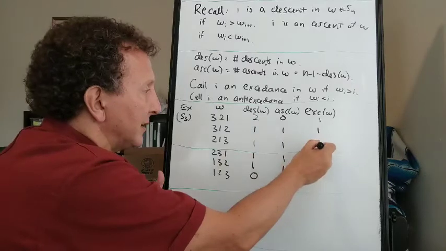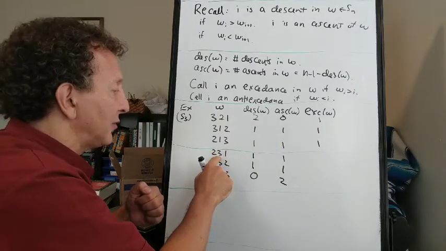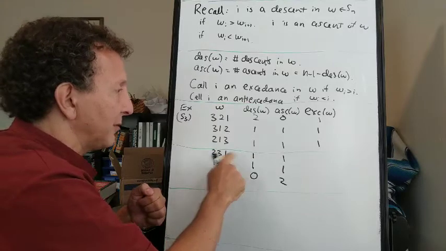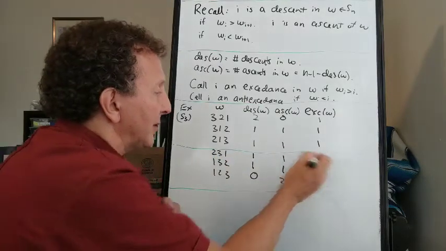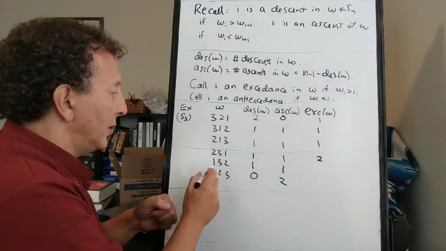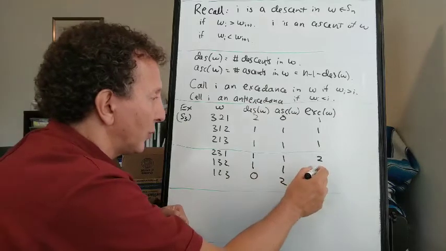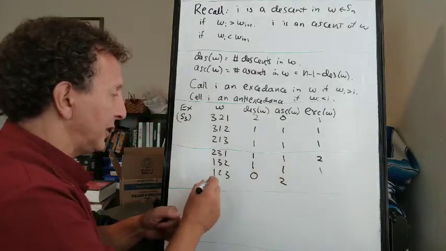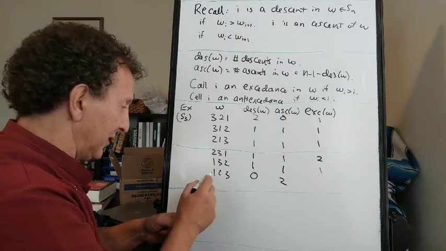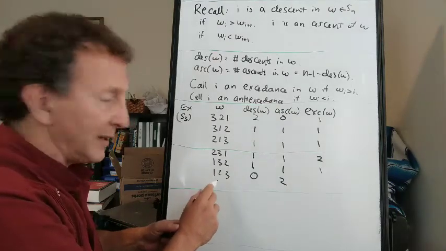So again, 1 exceedance. 2 is bigger than 1, 3 is bigger than 2, 1 is not bigger than 3. So now we have two exceedances, positions 1 and 2. 1 is not bigger than 1, 3 is bigger than 2. That's 1 exceedance. And here we have 0 exceedances because 1 is not bigger than 1, 2 is not bigger than 2, and 3 is not bigger than 3.